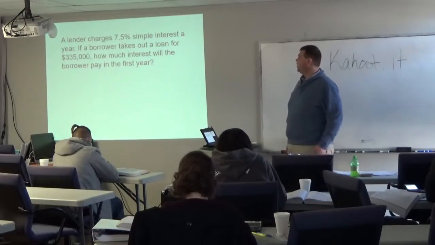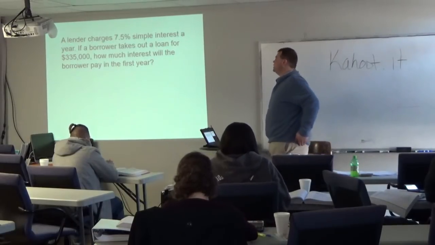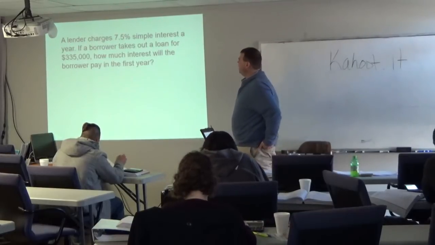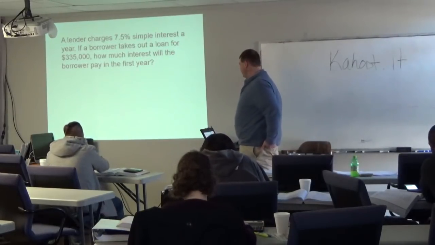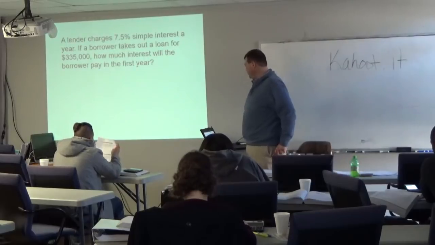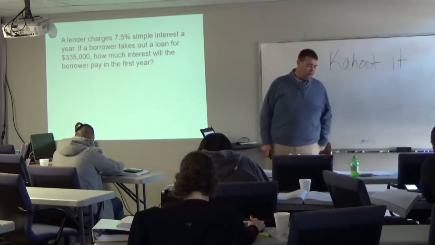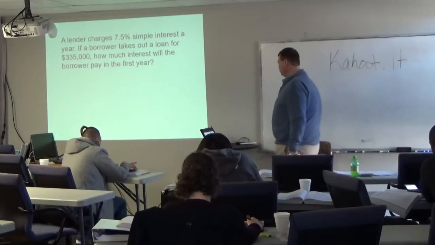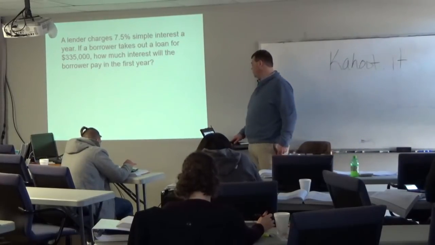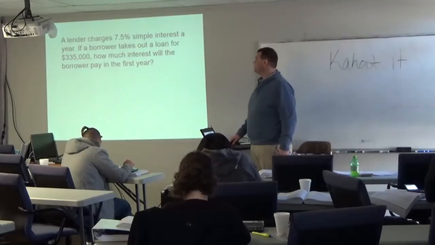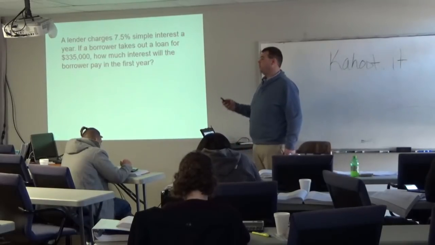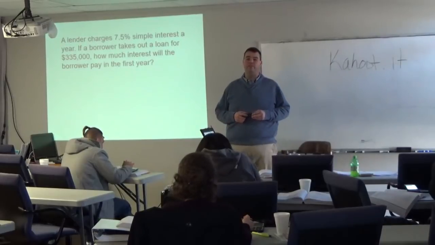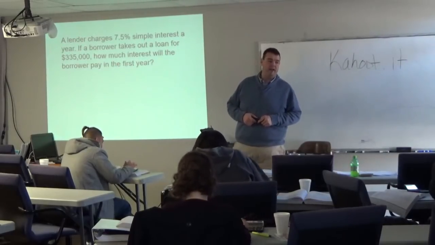All right, here's an example. A lender charges 7.5% simple interest a year. If a borrower takes out a loan for $335,000, how much interest will the borrower pay in the first year? Go ahead and run that real quickly. So what are we going to do? 335 times what? 7.5%.